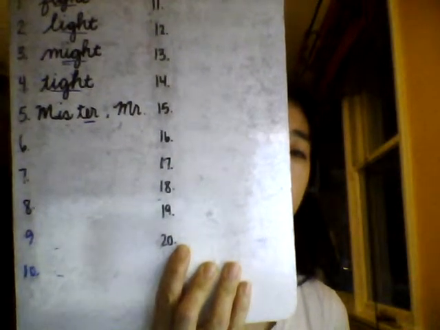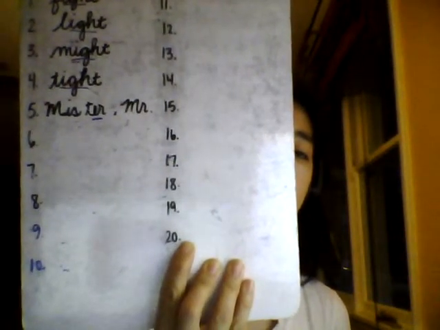Spell Mr. out loud. M-I-S-T-E-R. The abbreviation for Mr. is M-R period.